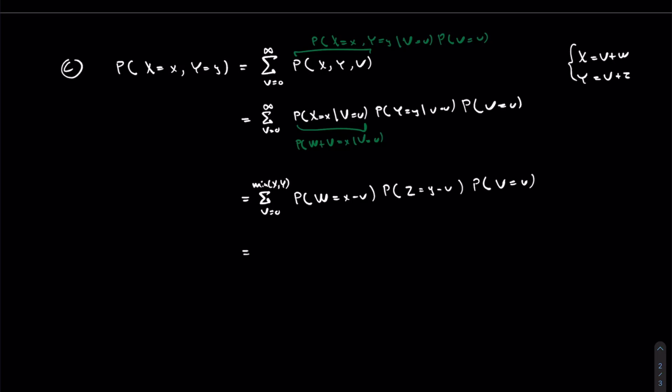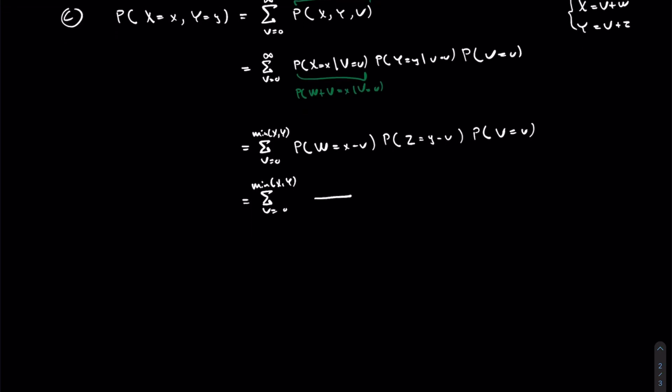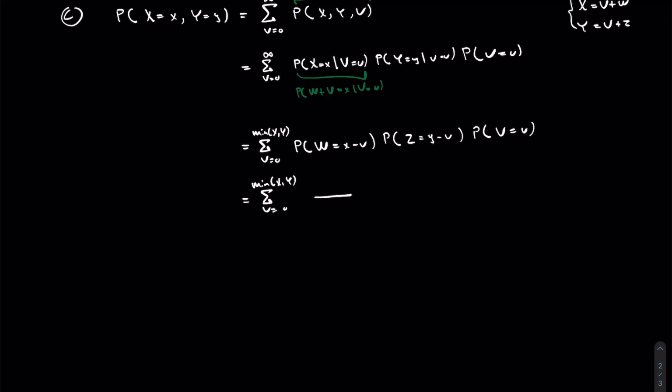So keep the sum, v equals 0 to the minimum of x and y, and we know the form of the Poisson. Let's start with V because that's the purest Poisson here.